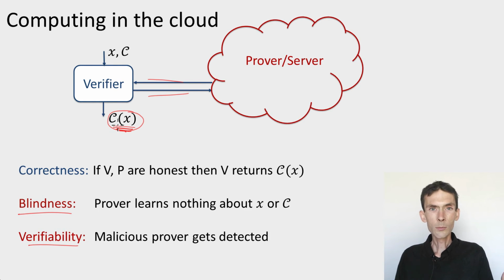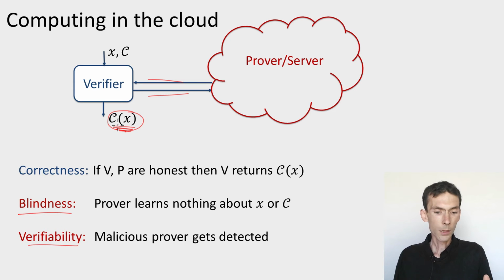It will often be the case that verifiability does imply blindness though. The reason is that very often, how are you going to show verifiability? You're going to argue that the prover, the server, can't distinguish between different kinds of tests that you perform on it. For instance, you could test this server by asking it to run the identity circuit. Then you can check the outcome. The outcome should just be 0, the same as the input.